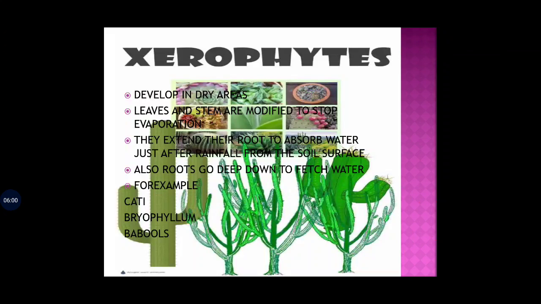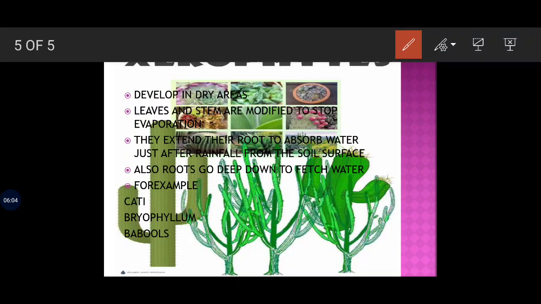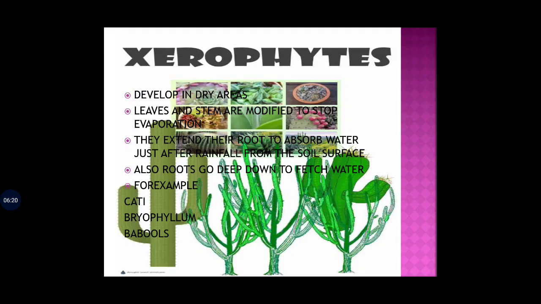Next are the xerophytes. Xero, students, is again made up of two words: xero and phytes. Xero means little amount of water, and phyta means plant.